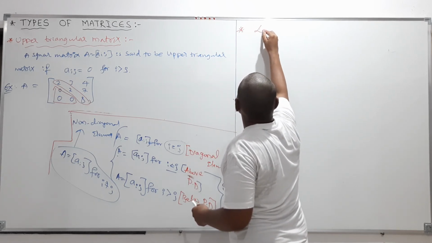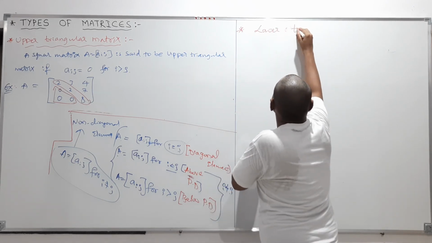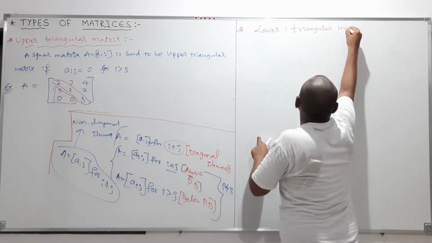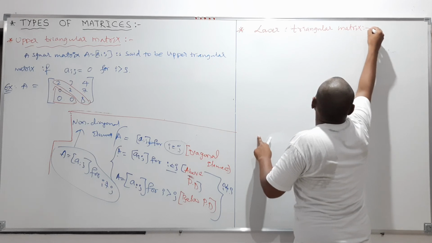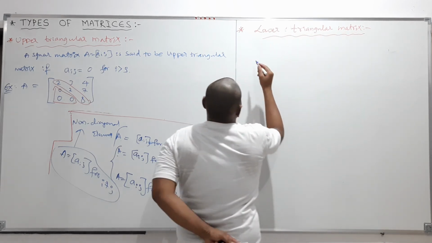So lower triangular matrix means, again it is a square matrix.